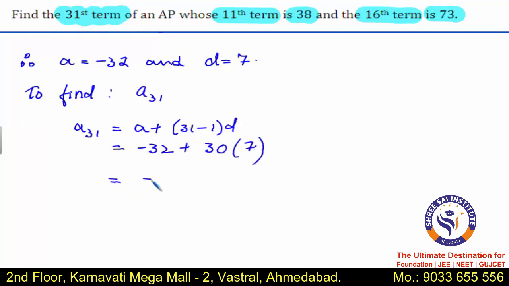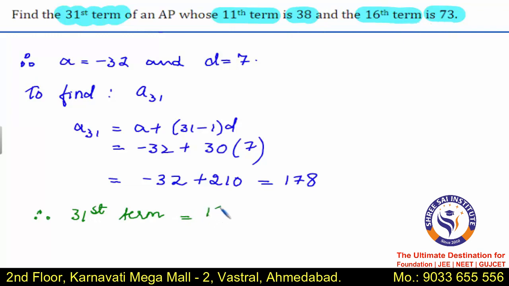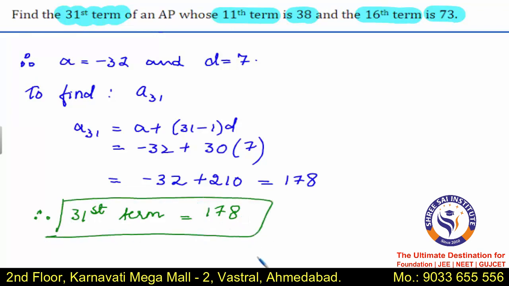This is equal to minus 32 plus 210, which on simplifying comes equal to 178. Therefore, the 31st term of the AP whose 11th term is 38 and 16th term is 73 is 178. This completes the solution.